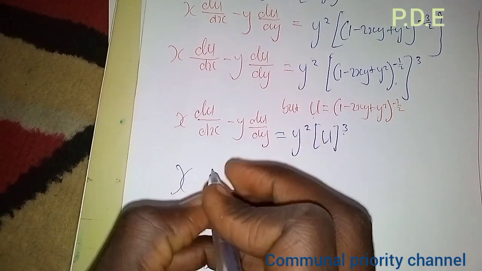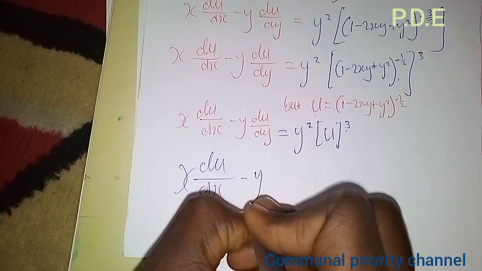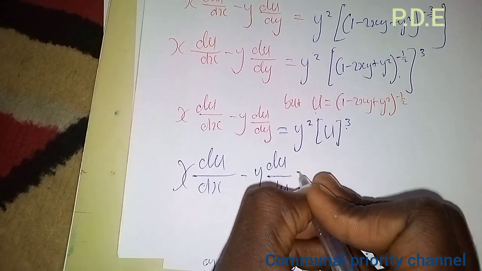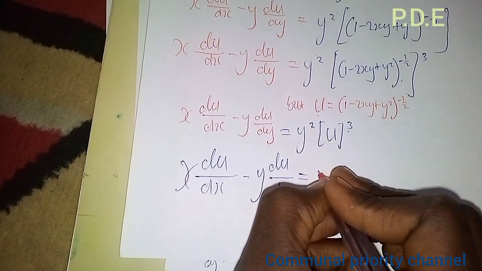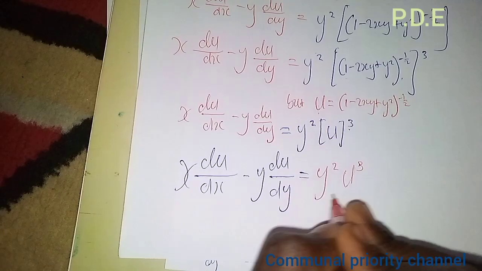So now we see clearly our x du over dx minus y du over dy will be equal to y square u cube, as we were asked to.